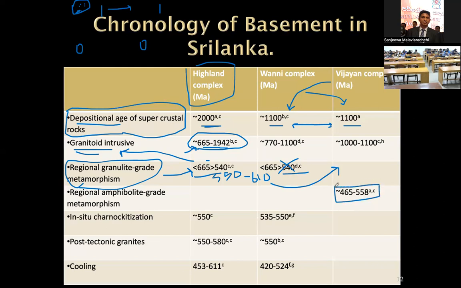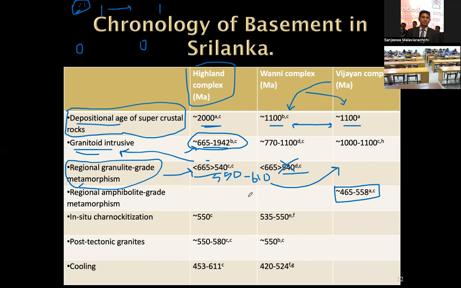That means the grade of metamorphism is a little lower in the Vijayan complex. In the Highland complex and Vanni complex, you have granulite phase rocks, that means very high temperature rocks. Whereas in the Vijayan complex, there are slightly lower grade rocks, amphibolite phase rocks, that means hornblende, biotite dominant rocks. Okay, no sillimanite bearing rocks in the Vijayan complex.